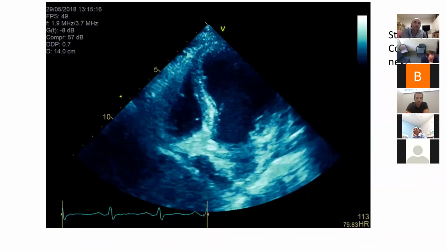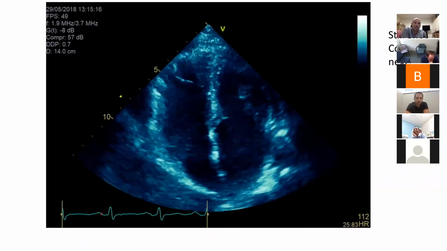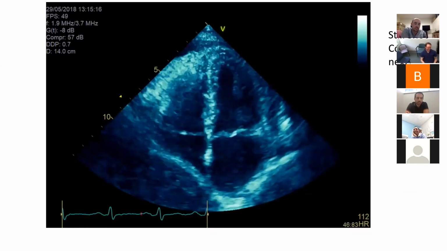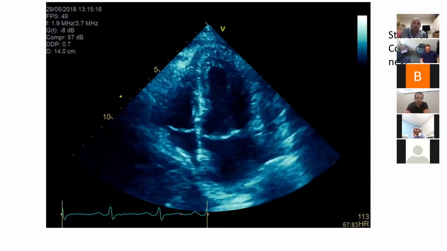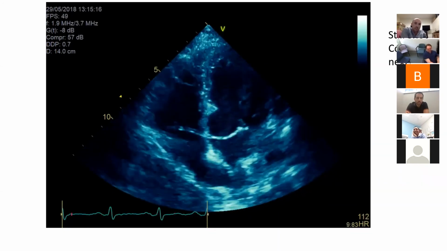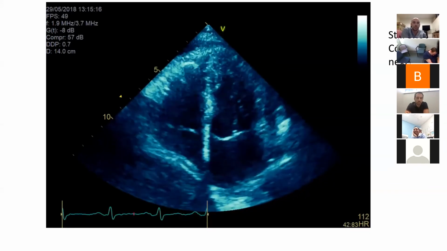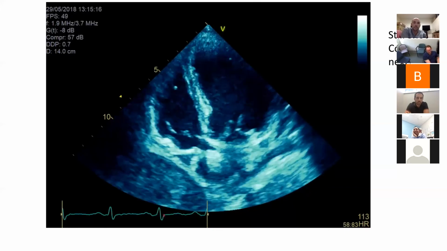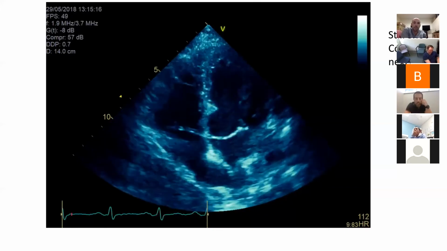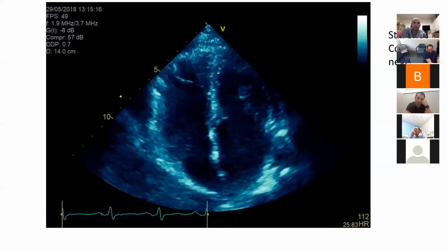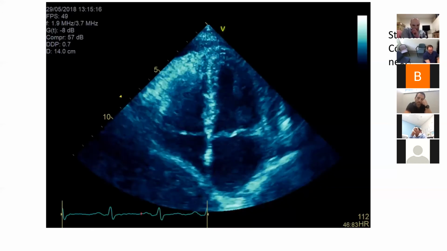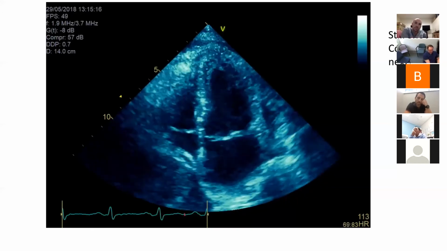Okay. I think there's RA collapse there. That's what I'm seeing. It looks actually like quite prolonged. It's definitely more than a third of the cardiac cycle, if that means anything. And it looks like there's some septal flattening.